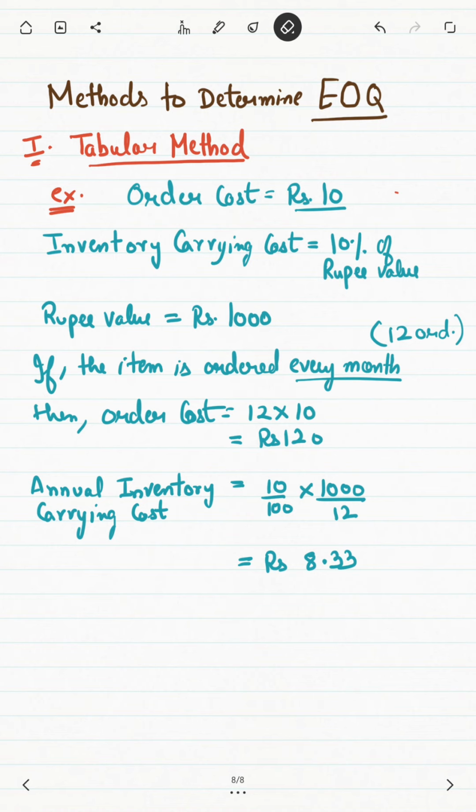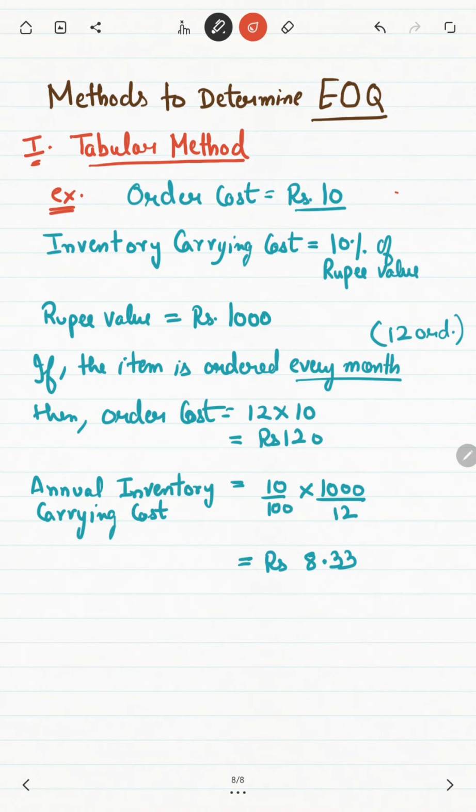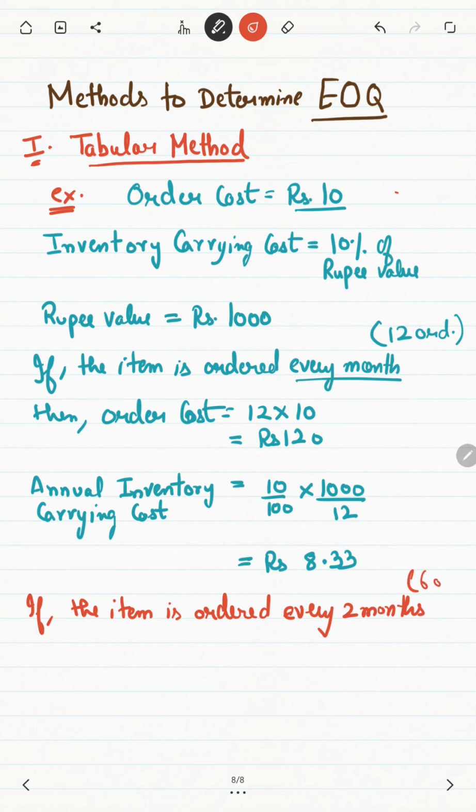So by this we can calculate the ordering cost or the annual inventory cost for the number of orders being placed. Now the next scenario is if the item is ordered every 2 months. After every 2 months the order is placed, so the number of orders will be 6.